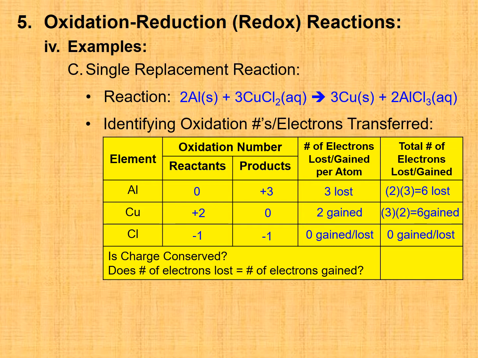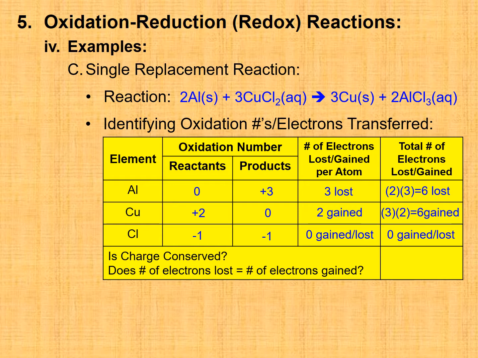So we see here that, like all oxidation-reduction reactions, charge is conserved. That the element aluminum loses 6 electrons in this process, while the element copper gains 6 electrons in the process.